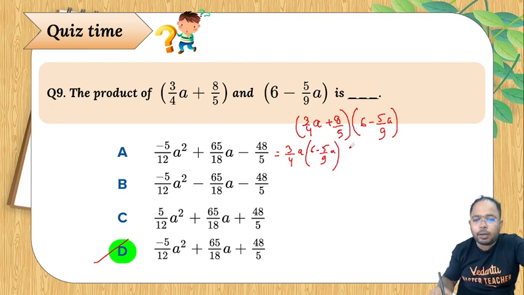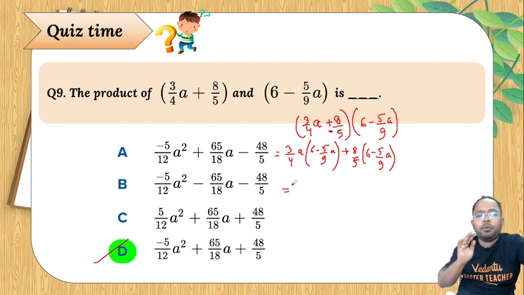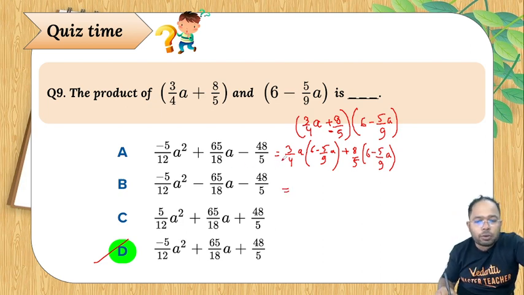Plus, look at the sign here, put a plus here, 8/5 getting multiplied with 6 minus 5/9a.